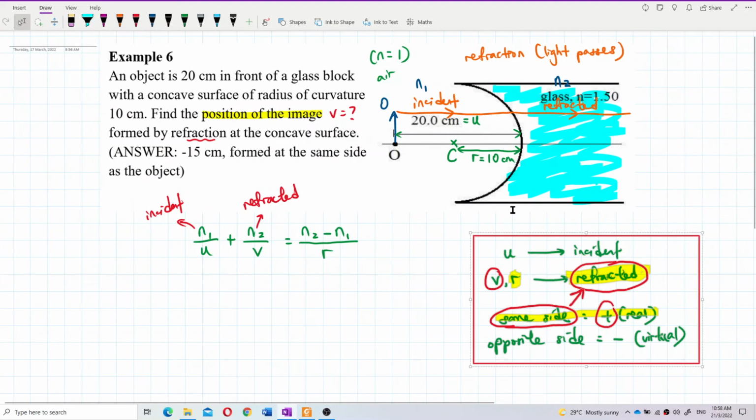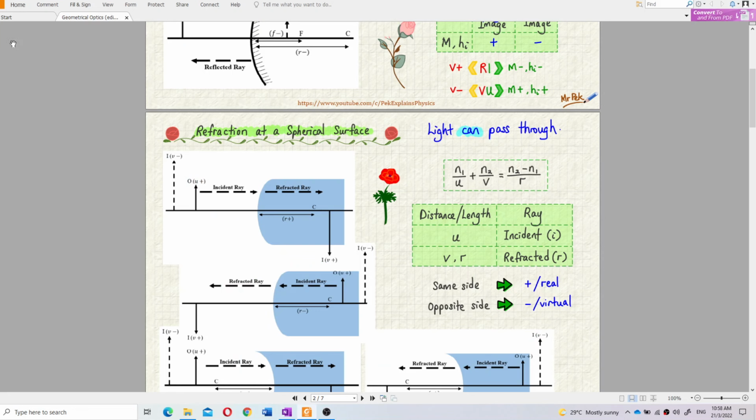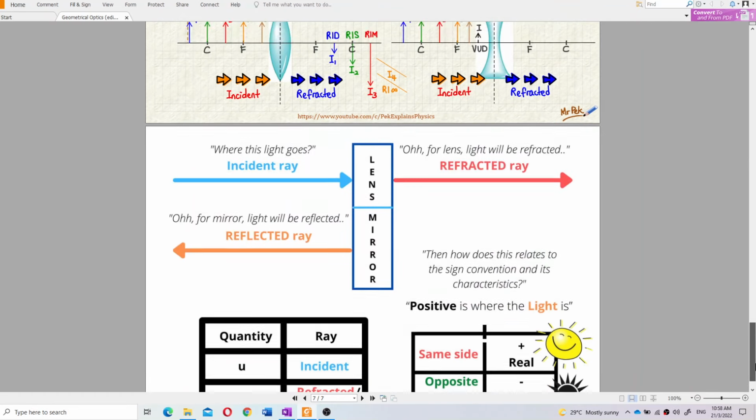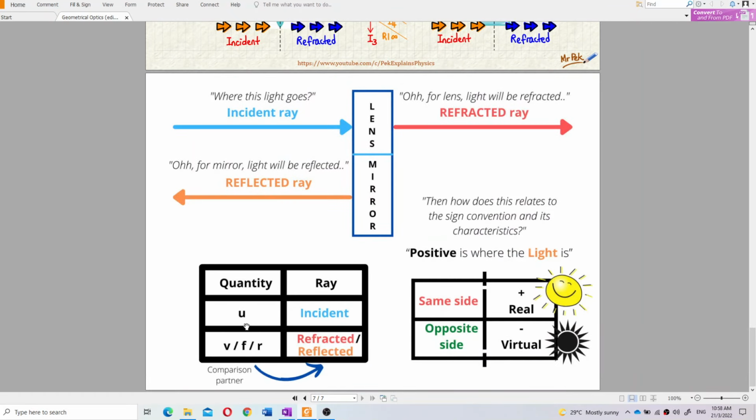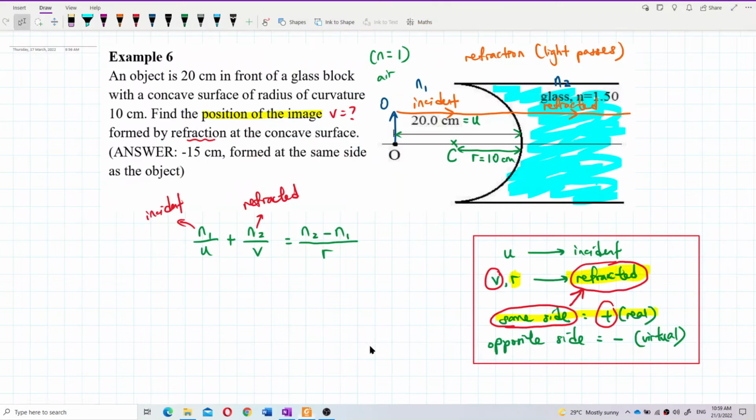So object distance is always compared with the incident ray. The rest, like image distance and radius, are all compared with the refracted ray. Only the object distance is compared with the incident ray.